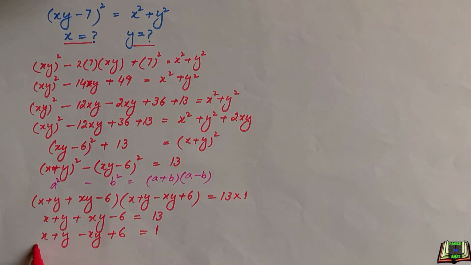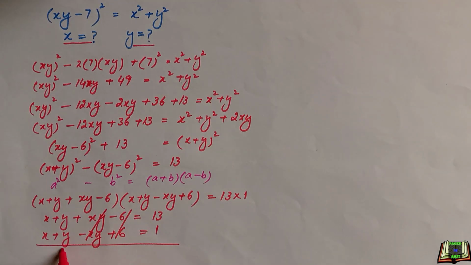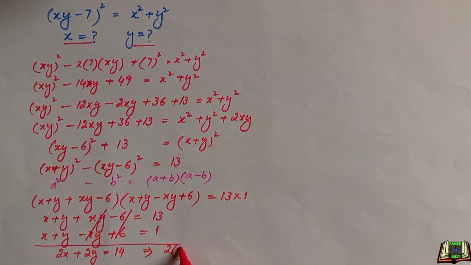After adding these two equations, xy will cancel out and the 6 will cancel out. We are left with 2x + 2y equal to 13 + 1, 14. We can factor out 2 times (x + y) equal to 14. From here x + y is 14 divided by 2, which is 7.